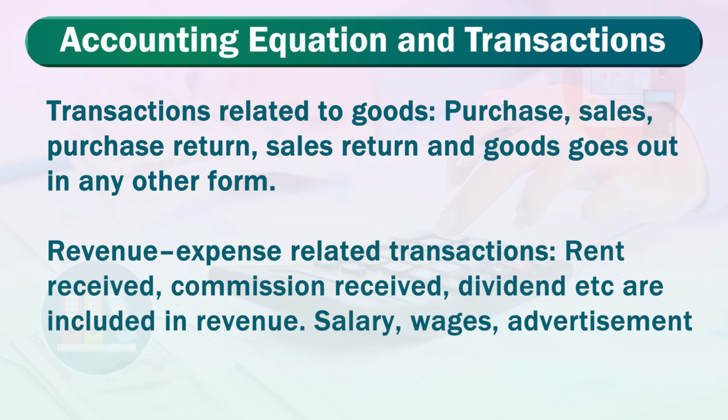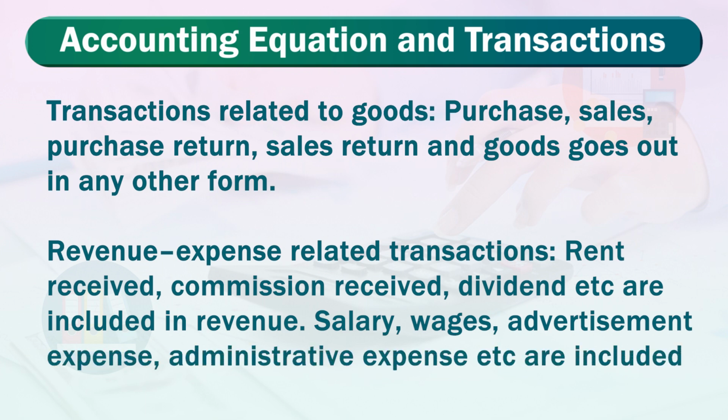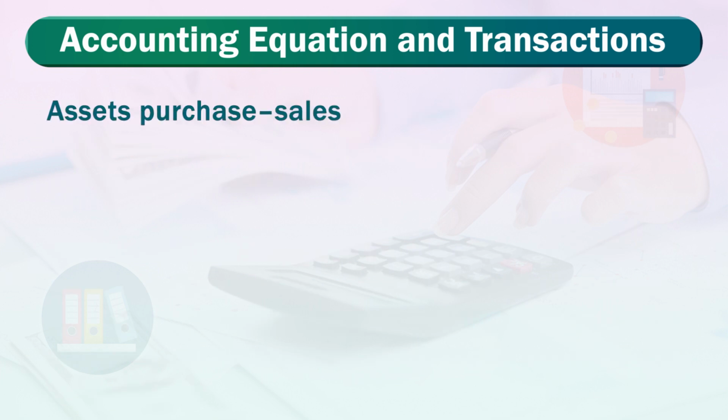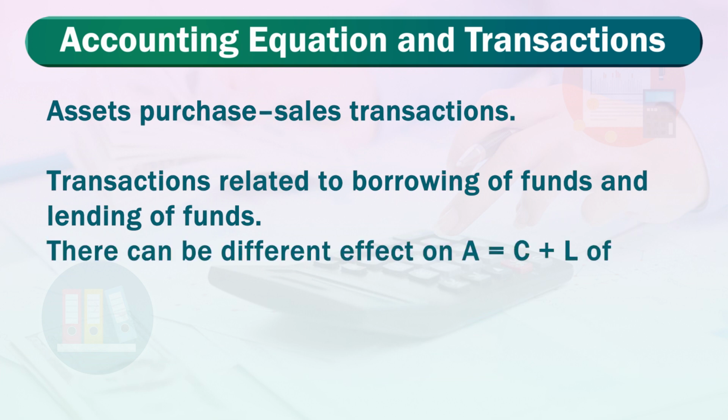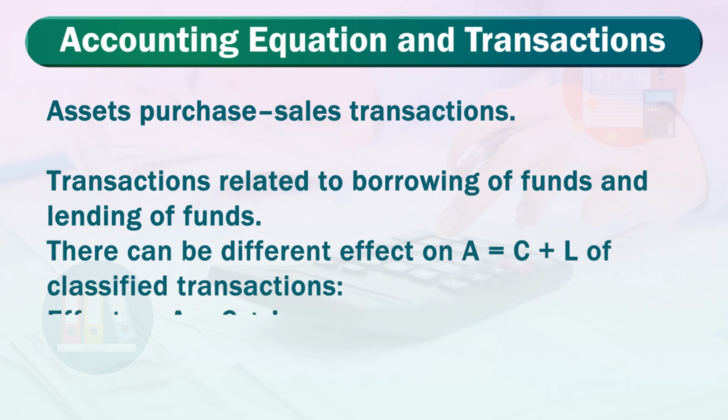Salary, wages, advertisement expense, administrative expense etc. are included in the expenses. The third category is asset purchase and sale transactions. The fourth category is transactions related to borrowing of funds and lending of funds. There can be different effects on A equals C plus L of classified transactions.